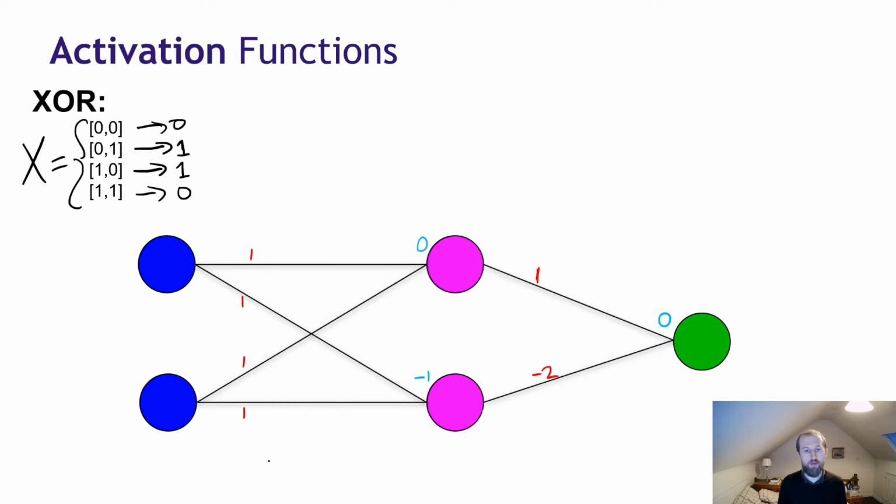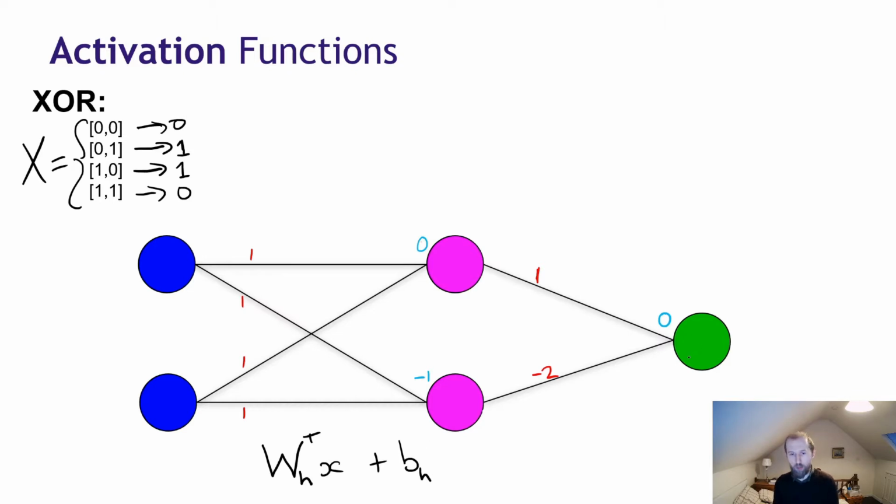So remember, for a neural network, we are going to have this for each layer: W transposed X plus B, and this is going to be for the hidden layer. So these are going to be the hidden weights, which in this case are just going to be 1, 1, 1, 1, and the bias is going to be in blue here, so that's going to be 0, 1, again for the hidden layer.